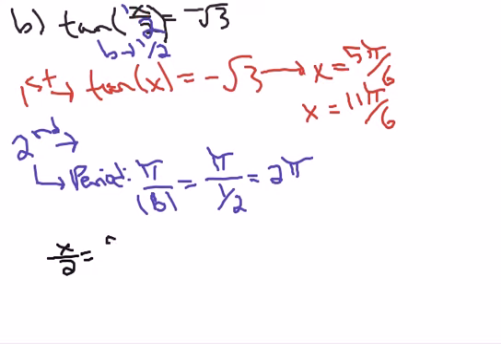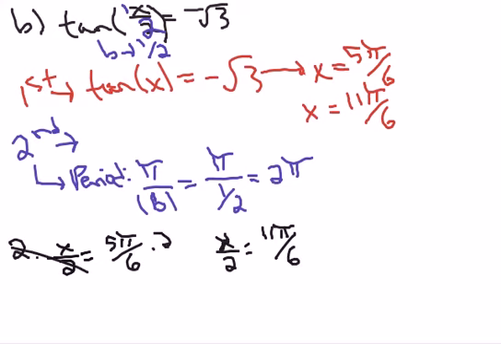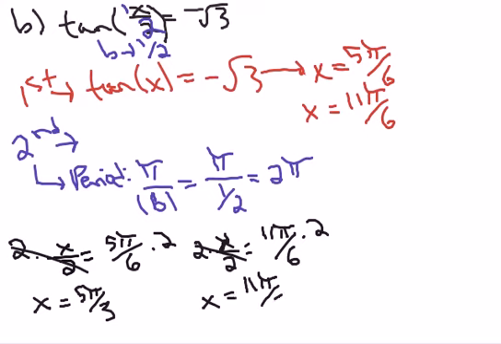So x over 2 equals 5 pi over 6, and x over 2 equals 11 pi over 6, right? So I'm going to multiply by 2 on this side and this side. So here I get 10 pi over 6, which is equivalent to 5 pi over 3. Multiply by 2 here and here. So I get 22 pi over 6, which is equivalent to 11 pi over 3.